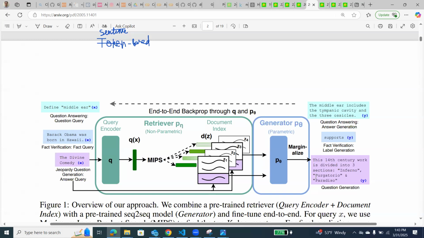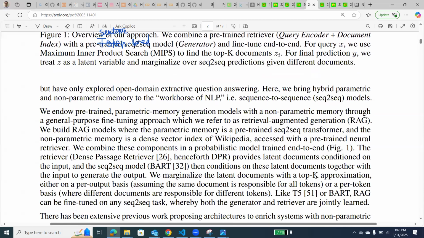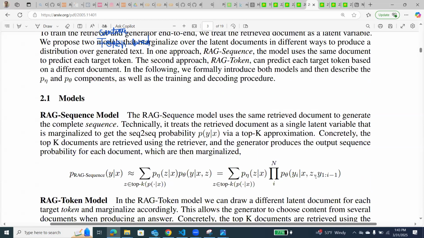They only fine-tuned the generating model. Let's take a look at the loss function.